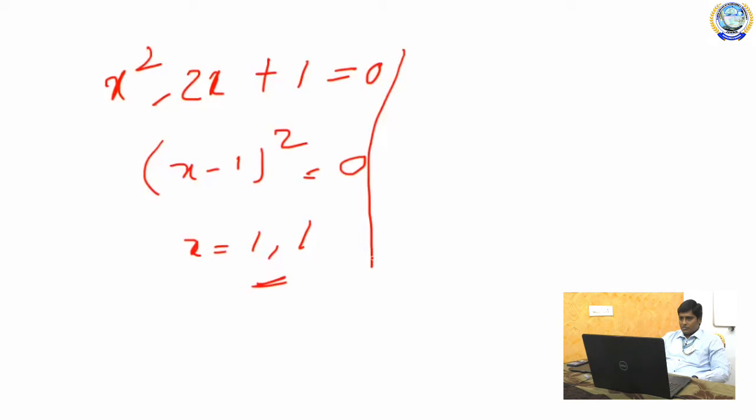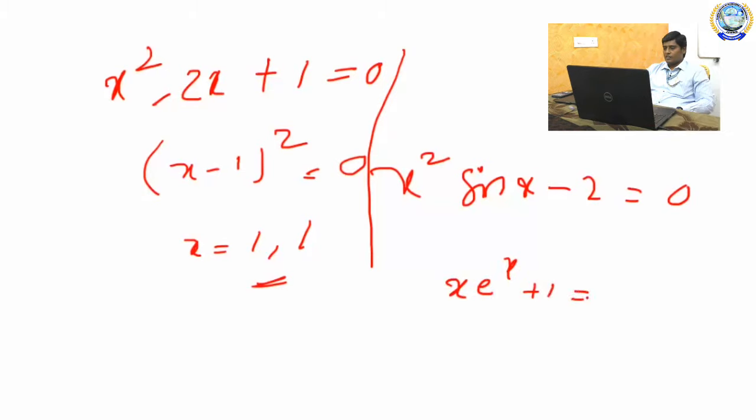If I give you an equation like x^2 sin x - 2 = 0, or x e^x + 1 = 0, or x log x + 5 = 0, it is not easy to find the root by factorization or synthetic division, so we use numerical methods only.